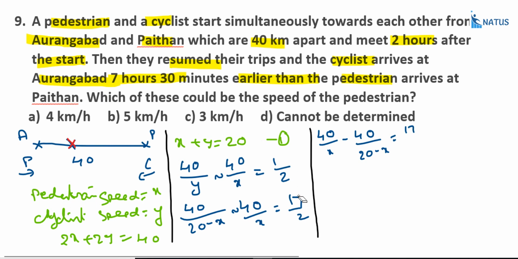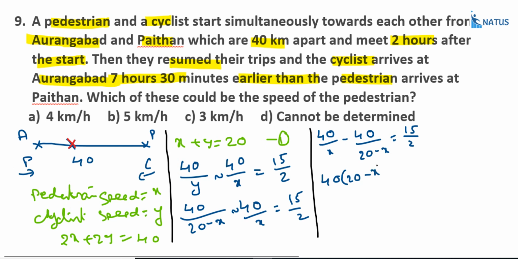This is equal to 7 hours 30 minutes. So that is equal to 15 by 2.